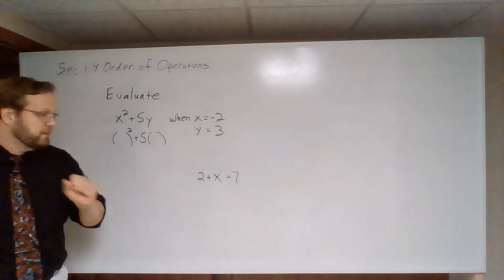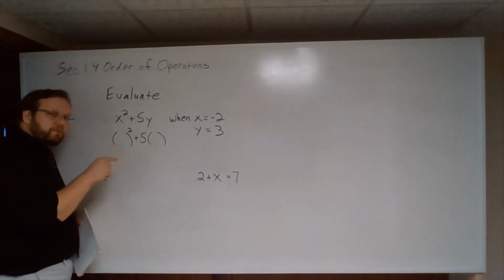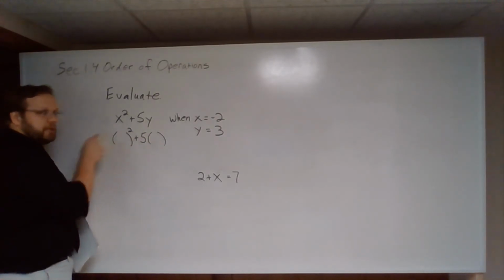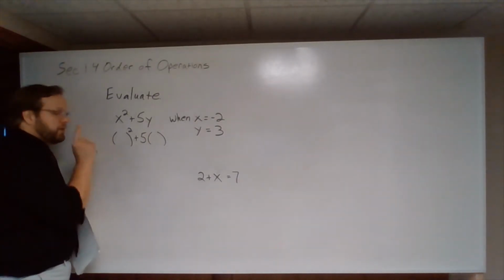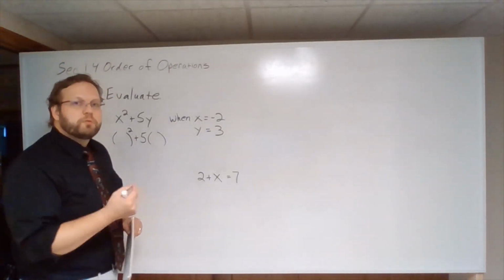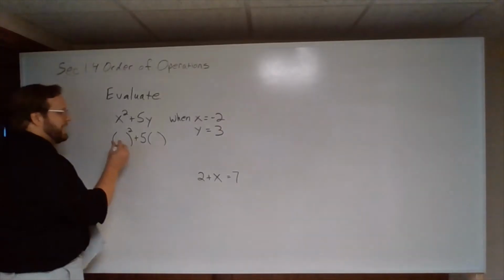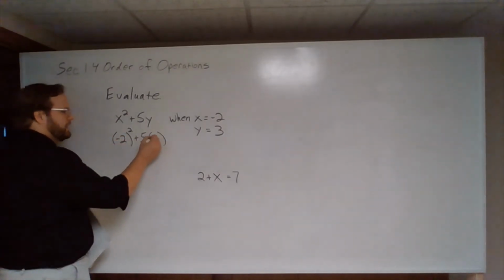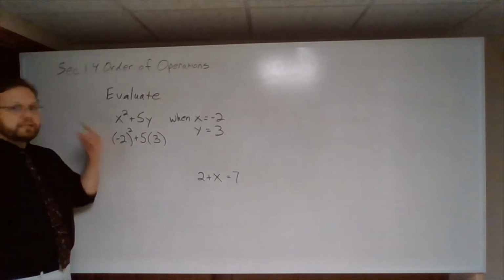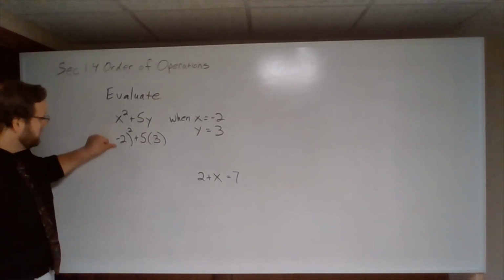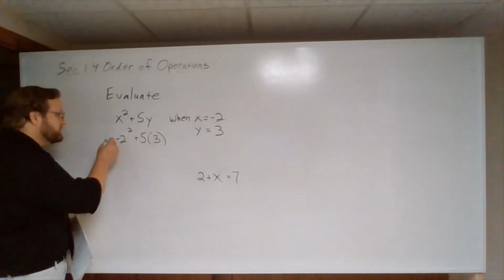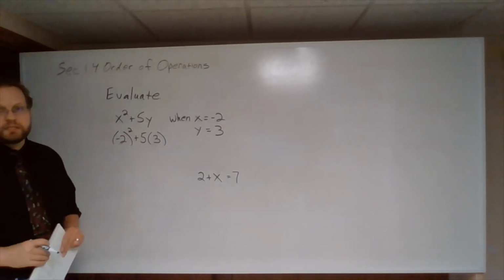Now, what I mean by that is, remember one of the first things I talked about in this section is when we had parentheses with an exponent, okay? They are never going to hurt if they're not necessary, but if you need them, you need them. So put them in. In this case, I would put the x like this and the y like this. If I didn't have those parentheses and I just put it in there for the x, like so, that's a very different result. So first thing, always put those parentheses so you don't forget them.